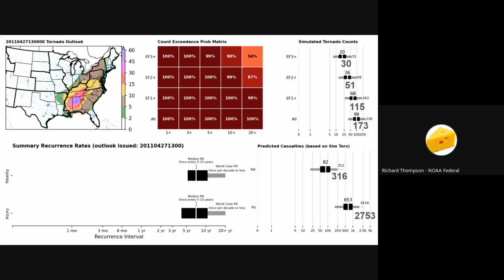In this case, if you look at the numbers, the actual verifying tornadoes are slightly more like the 75th percentile of that distribution. And the same thing if you go down to the fatalities, 316 fatalities is way out at the edge, but there were a few simulations in there that came up with that.